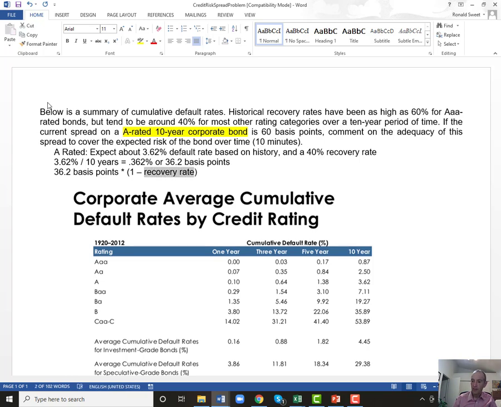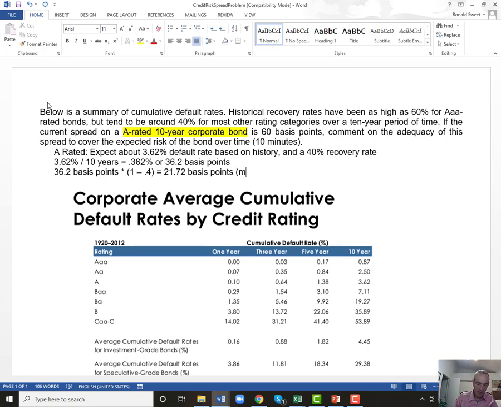So 0.6. So if you do that math, you take 36.2 times 0.6, you get 21.72 basis points. What is that number? Think about that number. We're going to get into this again next session.